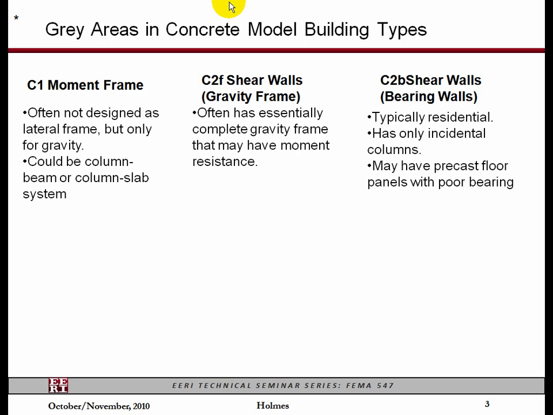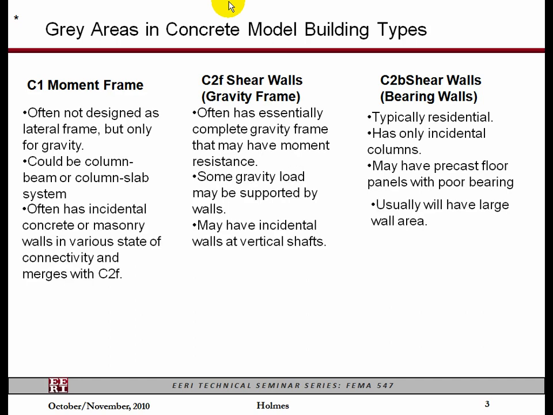The gravity frame often has essentially complete gravity frames that could have moment resistance just like the C1, but it has some walls, and that's why it's a different model building type. And the bearing wall almost never has any columns, maybe a column at the first floor where they have put in some sort of a meeting room.